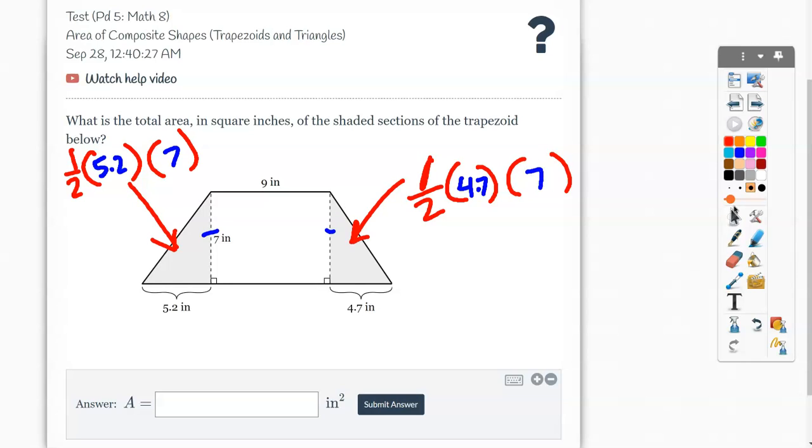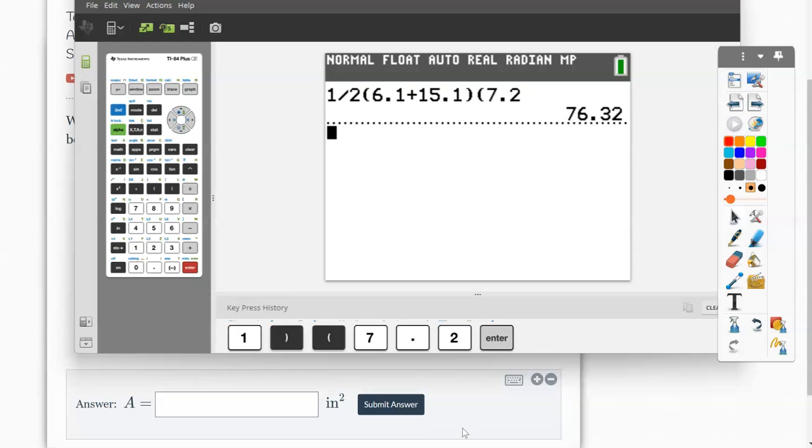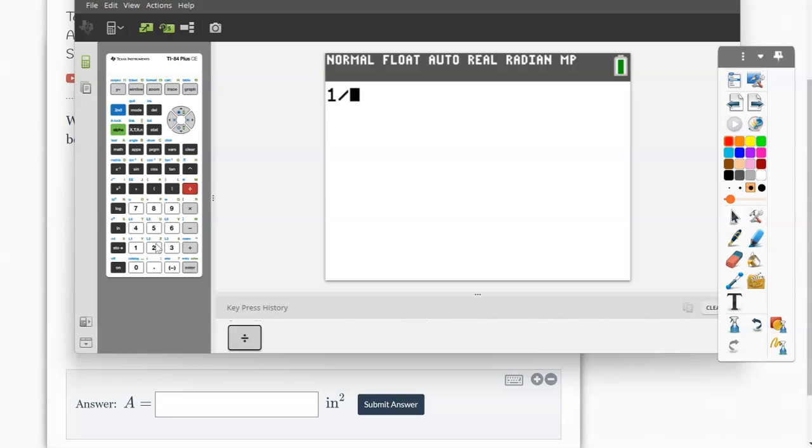So we need a calculator to help me out on this. So half of 5.2 times 7 is going to be added to half of 4.7 times 7, and that will give me the area of the shaded regions together. So let's clear our calculator here. 1/2 parentheses, and it was 5.2 times 7.